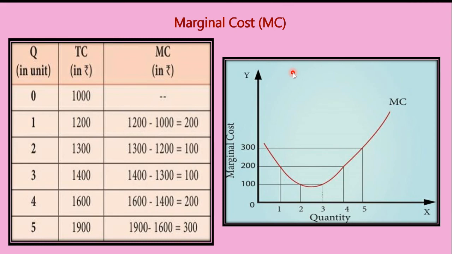So if that particular question is asked, you have to explain 7 curves. I will repeat it again. You have to write about the total fixed cost, the total variable cost, the total cost, then the average fixed cost, the average variable cost, the average cost, and then you have to complete with a marginal cost curve. So you have to explain all these 7 curves.